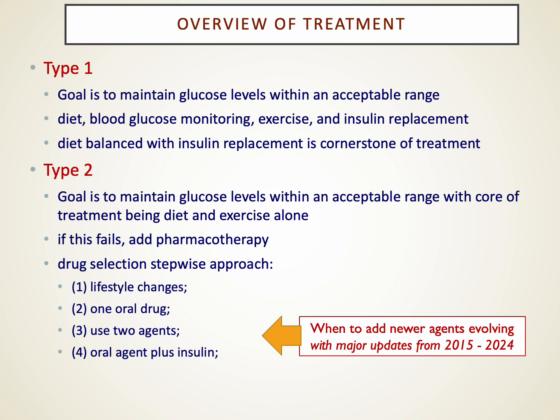We also look at an overview of our management of type 1 diabetes. We're going to maintain glucose levels, and we need insulin. All type 1 patients require insulin. For type 2 patients, we're going to do all the lifestyle things, and we're going to layer on pharmacotherapy. We always start with metformin, unless there's some contraindication to that.